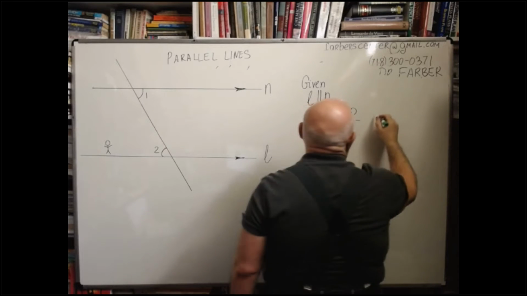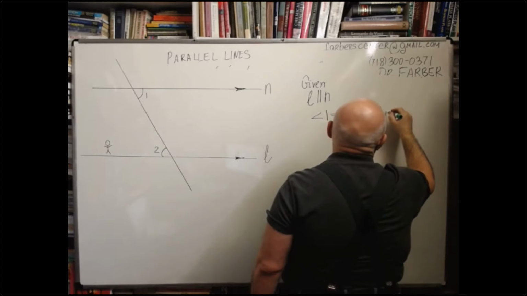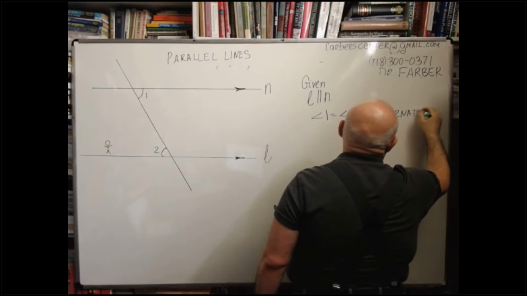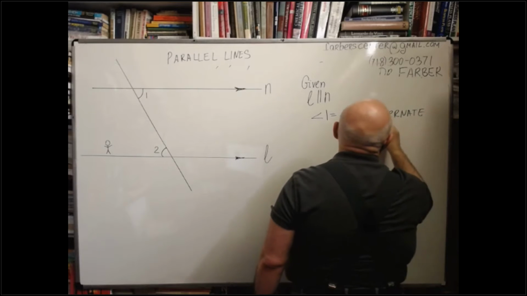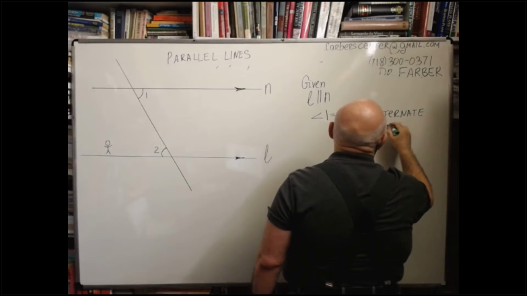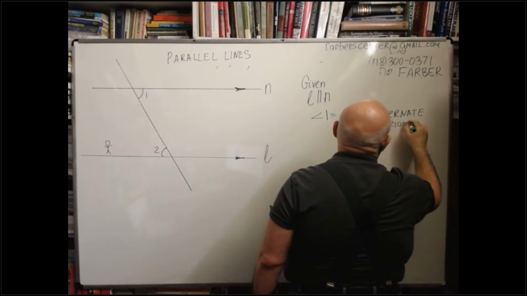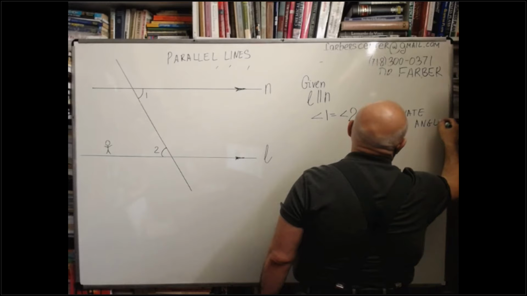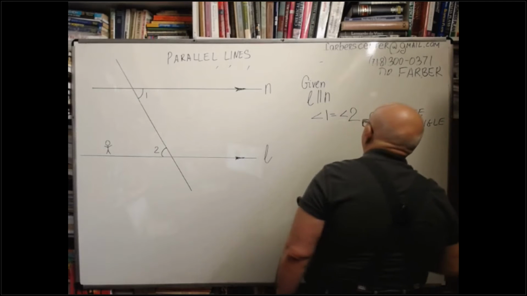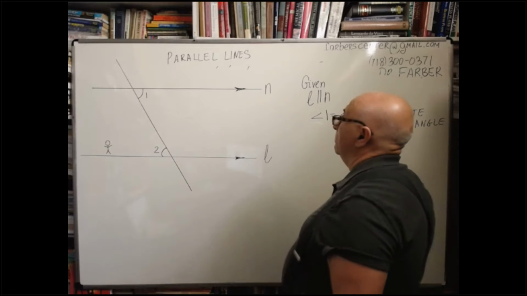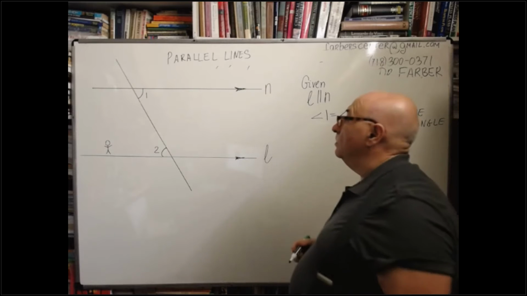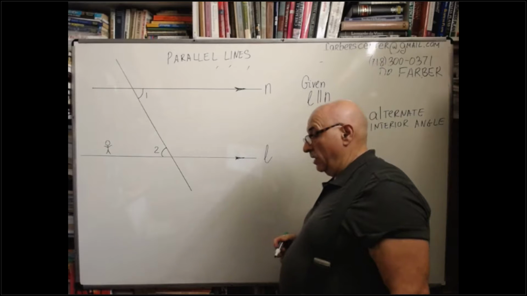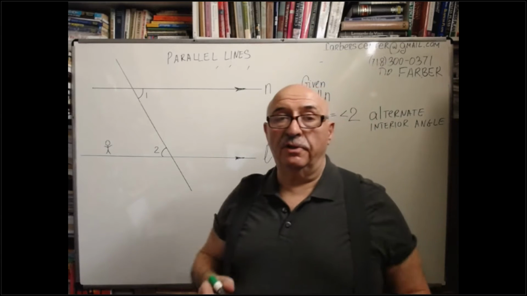And you name them alternate interior angles. You can say that angle 1 equals angle 2. And they have the name alternate interior angles. So far, so good.